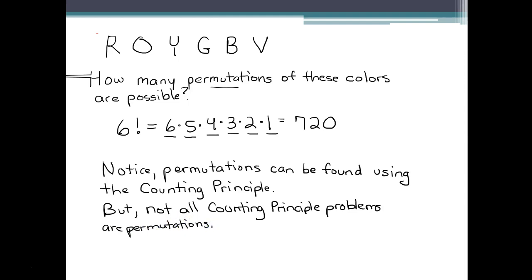The counting principle can be used when you're just trying to figure out how many different ways something can be done, but permutations are very specifically looking at ordered arrangements of objects. Like if you're trying to find a password where repetition is permitted, that is a counting principle problem, but not a permutation problem.